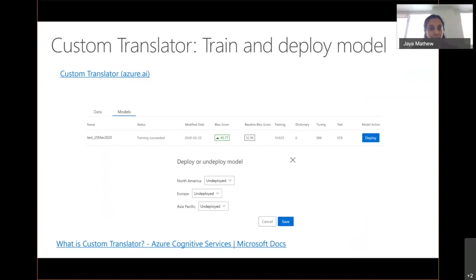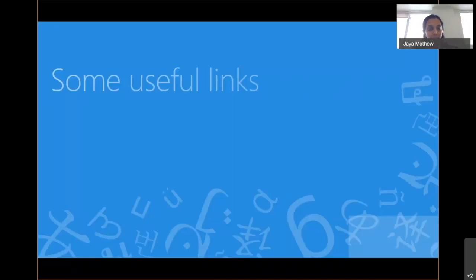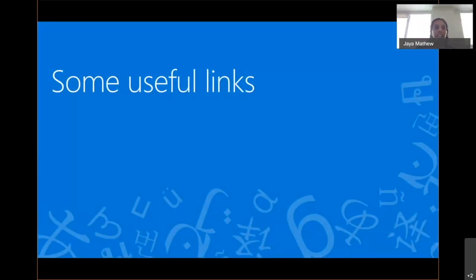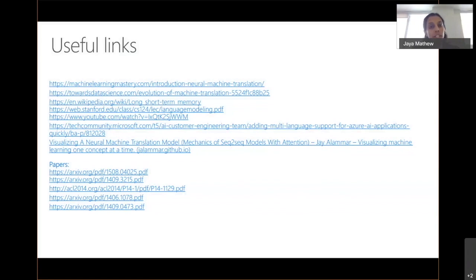Next, I'd like to wrap up with some useful links. Let's look at that. The first bunch are some blogs on machine learning, what is LSTM if you need it, a Stanford lecture series on language modeling, and a YouTube lecture series on NLP.